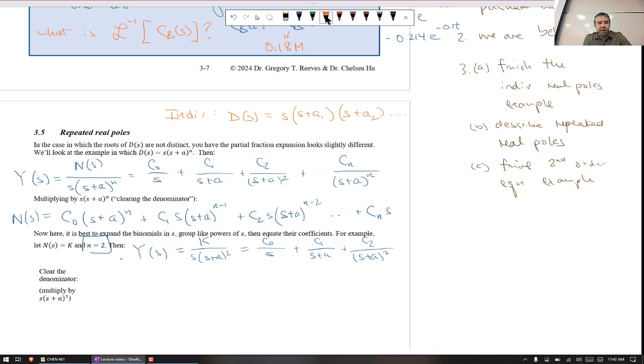If I clear this denominator, then I get k is equal to c0 times s plus a quantity squared plus c1 times s plus a plus c2 times s.